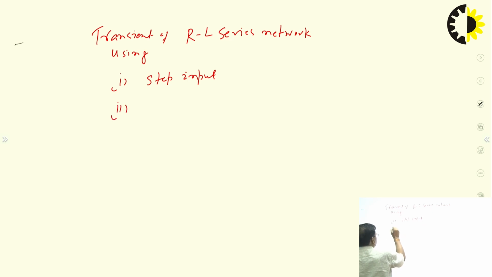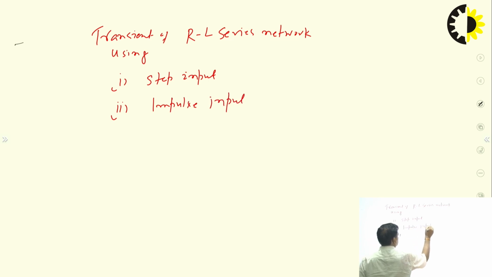I also covered the transient behavior of the RL series network using impulse input. Today I am going to discuss the transient behavior of the series RL circuit using sinusoidal input.